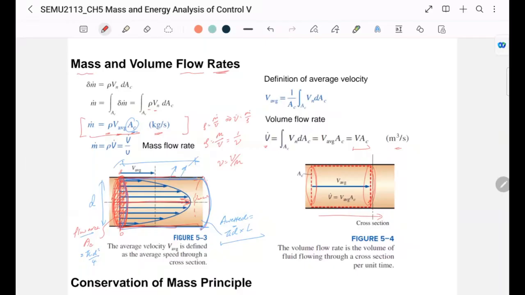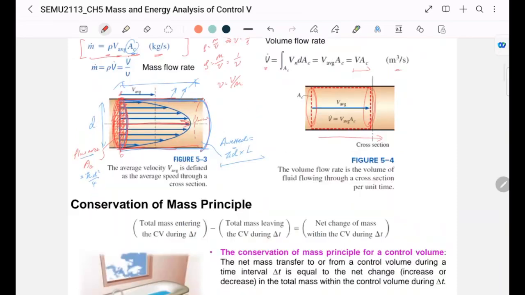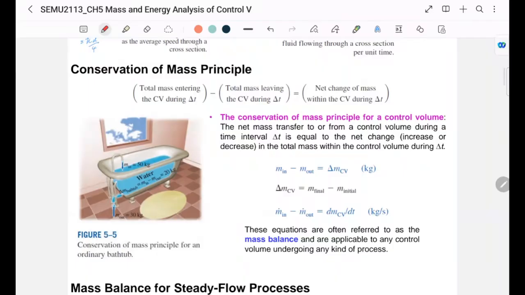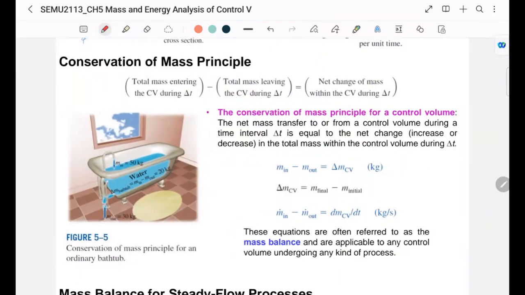And when it comes to the conservation of mass, you can imagine a bathtub like this, where on one side you have the water flowing in, and let's say you don't close the drain.